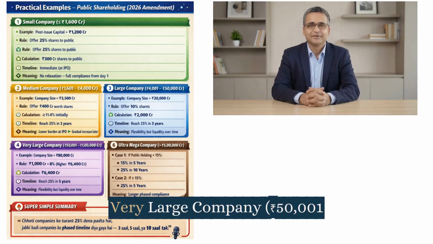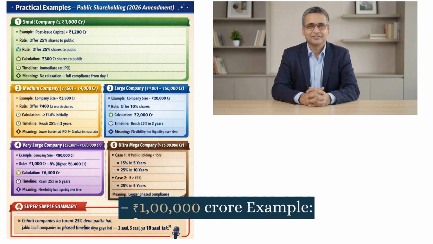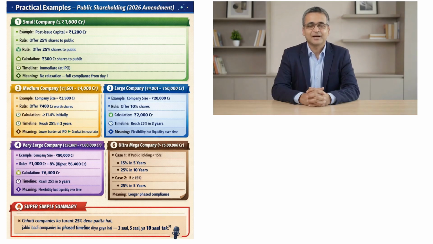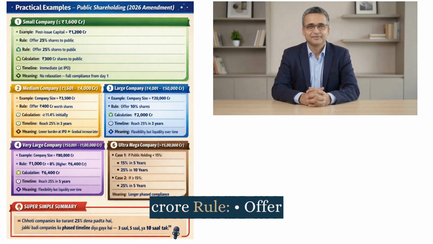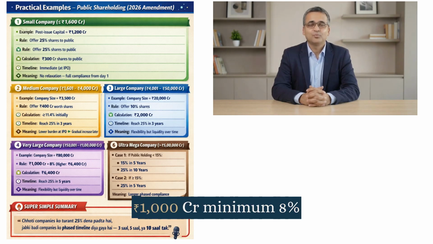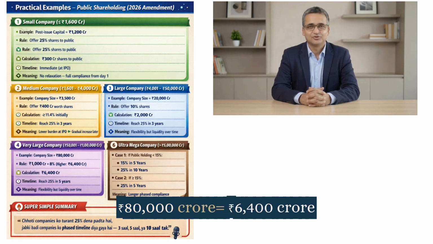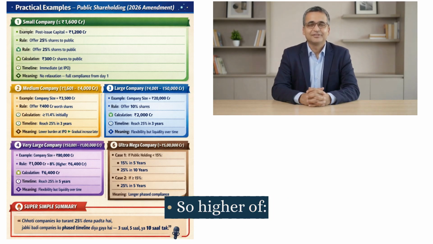4. Very large company, 50,001 to 1 lakh crore rupees. Example, company size equal to 80,000 crore rupees. Rule, offer 1,000 crore rupees plus minimum 8%. Calculation, 8% of 80,000 crore rupees equals 6,400 crore rupees.